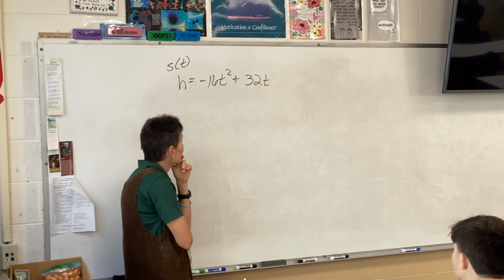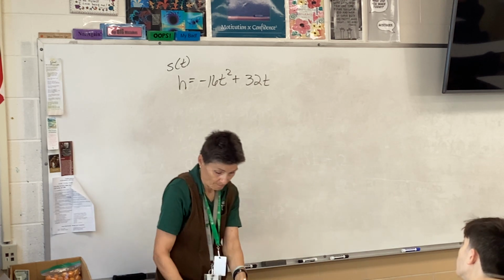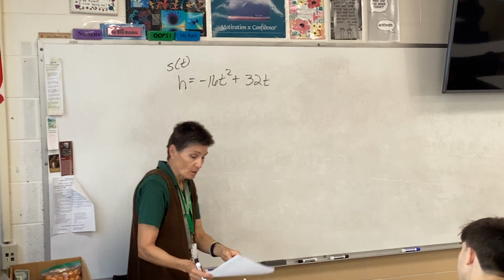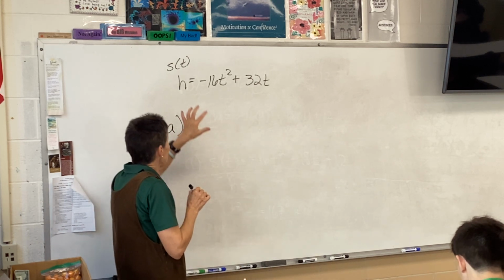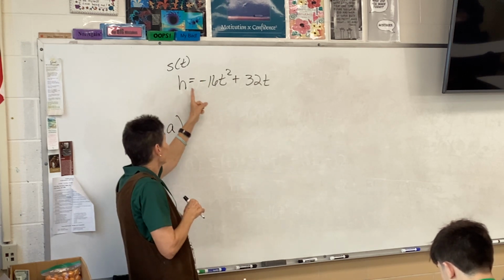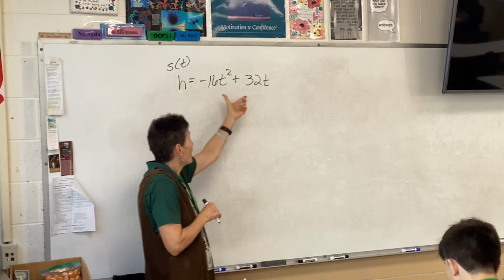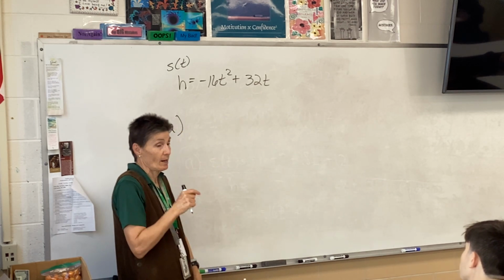Okay, so there's my equation that I'm using for all these problems. Number 1, when will it hit the ground? So remember, in your formula, you have 2 variables. You have a height and you have a time. When will it hit the ground?